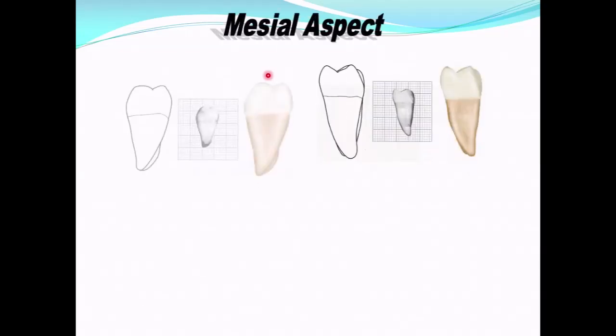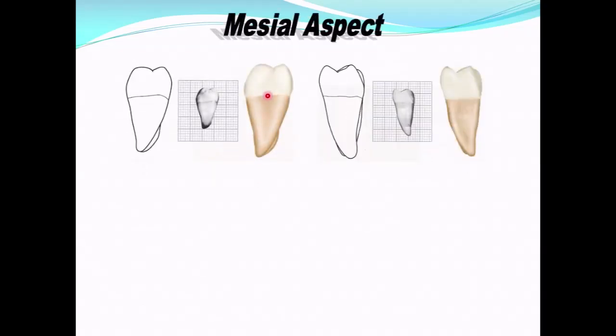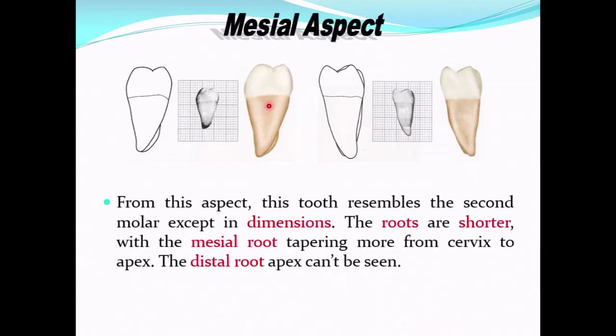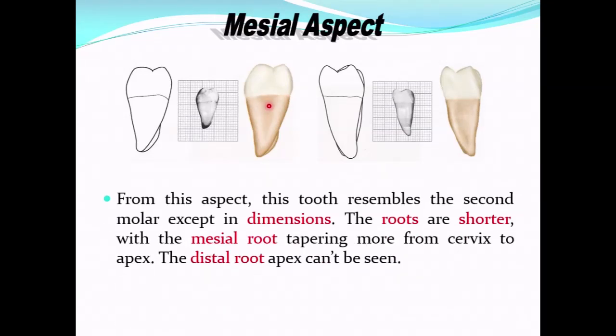Now the mesial aspect: third molar lower right, second molar lower left. Sorry, this is buccal, this is lingual. From this aspect, this tooth resembles that tooth. The roots are shorter than those in the mandibular second molar and more tapered from the cervical line to the apex.